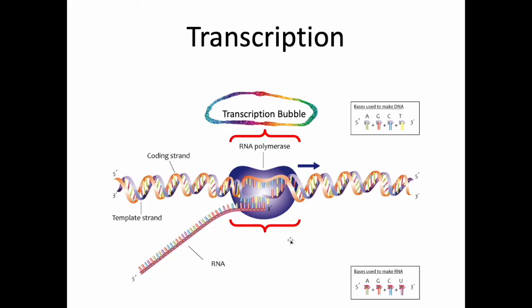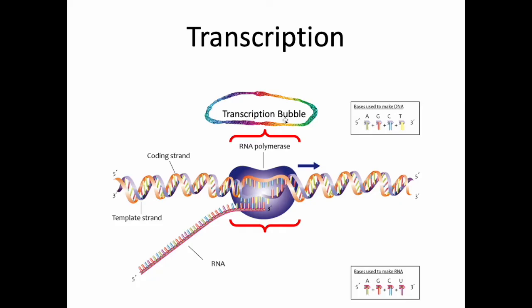This is a good figure to summarize the whole process of transcription. Here we've got our DNA double helix. Here's RNA polymerase, the orange bean, or the purple bean right here. And you can see in this region right here, it has been unzipped. There is single-stranded DNA, and there is single-stranded DNA.